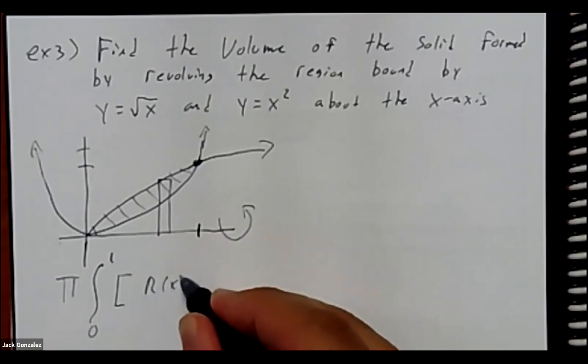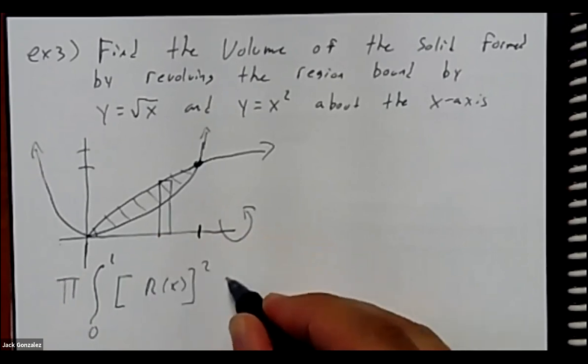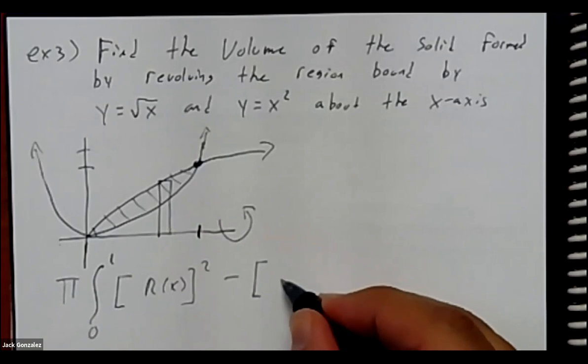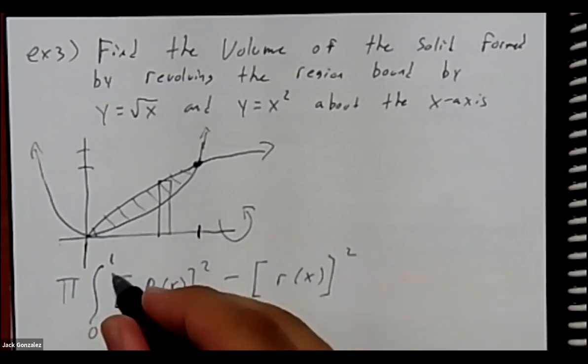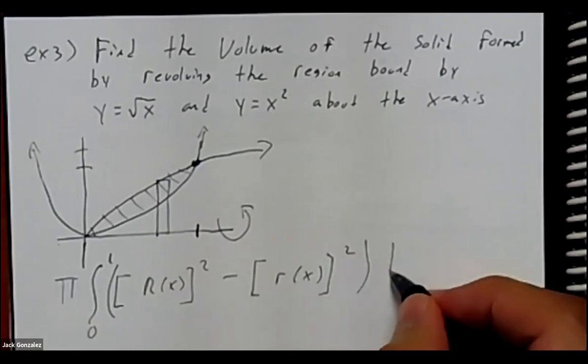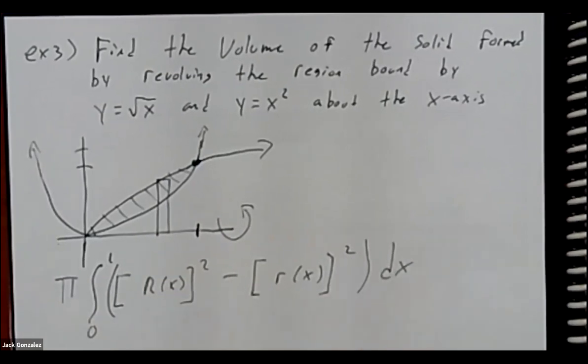So big radius R of x minus the little radius, dx. Give me 1 second.